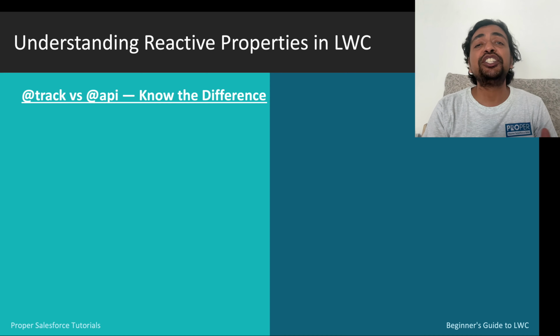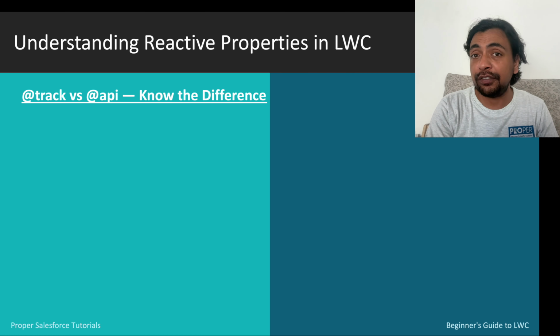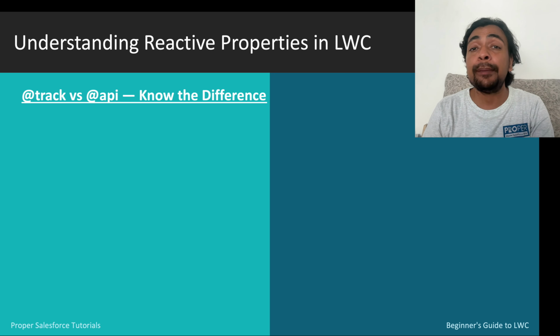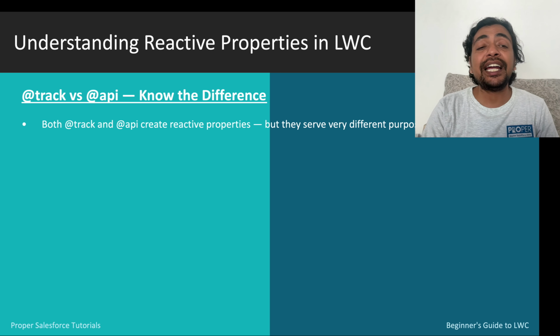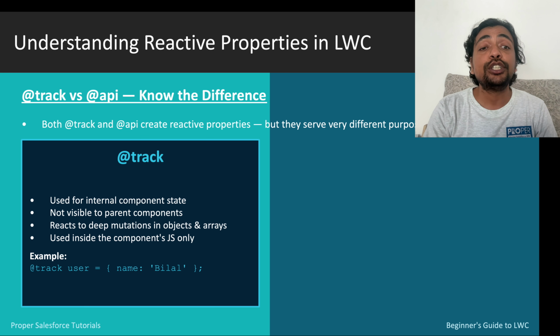Now, if we differentiate between @track and @API, if you remember in the beginning of the video, I told you about @API as well. So let's see what's the difference between them. Both @track and @API create reactive properties, but they serve different purposes. @track is used for internal component state, not visible to parent components.